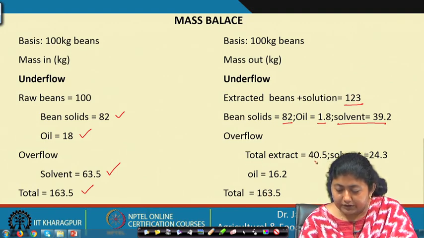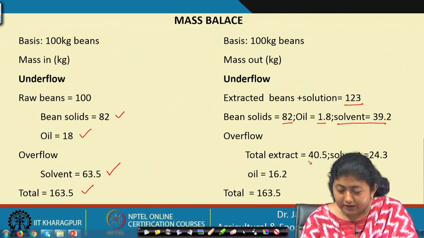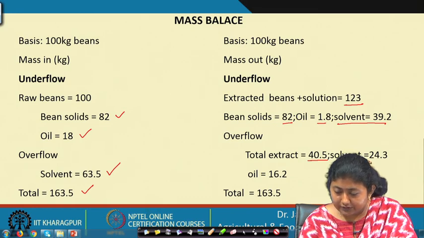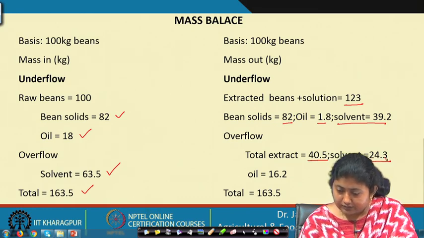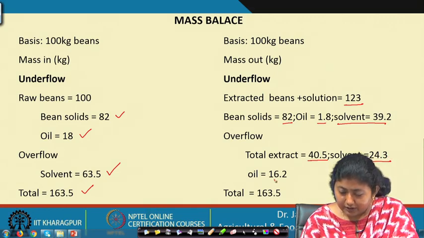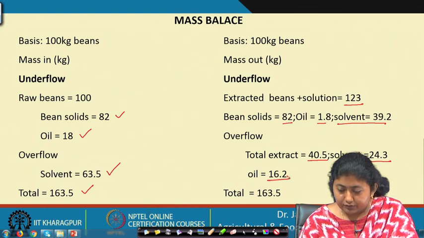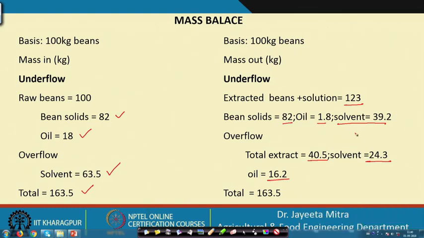The overflow will be the total extract, that is 40.5, in that solvent is 24.3, okay, and oil is 16.2. So, in total we are getting 163.5. So, this plus this, we are getting 163.5. So, this total remains the same in stage 1.